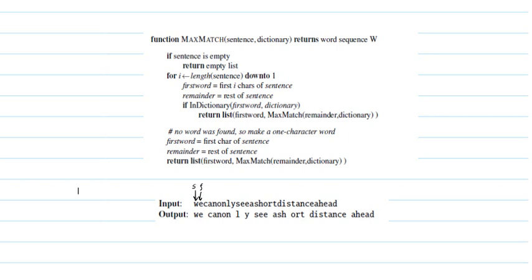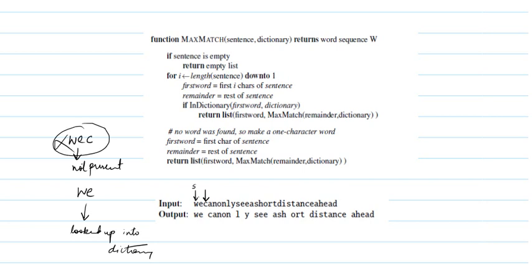So this WE now becomes a word here. This WE has to be looked into the dictionary. A lookup into the dictionary is made. So this is present, fine. Then move on the forward pointer. Now the next word is WEC. WEC is not present in the dictionary, so we don't take up this WEC. We go back to WE and take up this one, right?